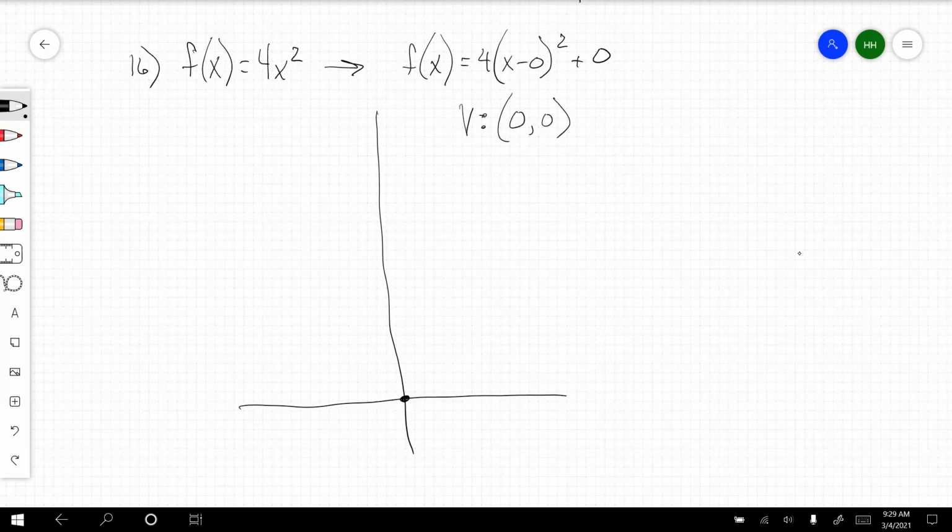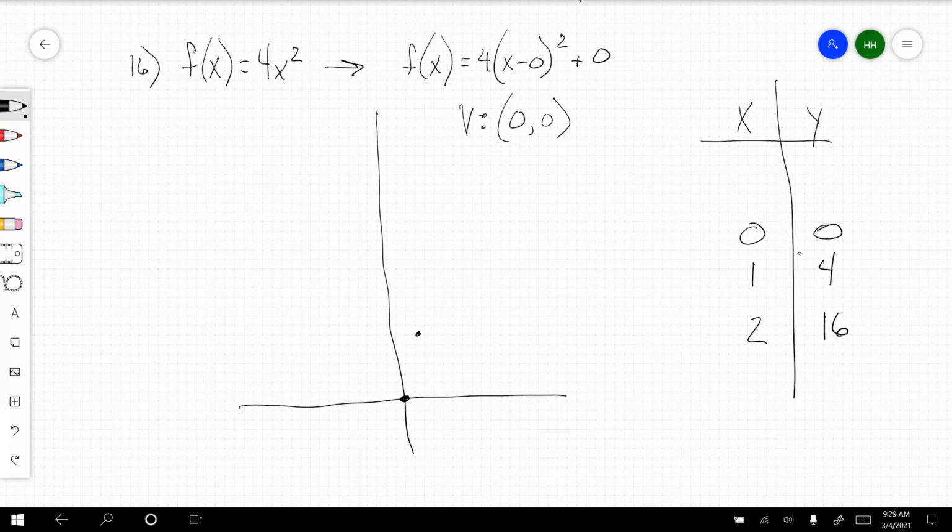If you need other points on the graph, your table of values, you've got (0, 0). You can put in a 1 and you can put in a 2. So 1 squared is 1 times 4 is 4. And 2 squared is 4 times 4 is 16. So you've got a point at (1, 4), and then another point at (2, 16), way up here. And then you can reflect those points.